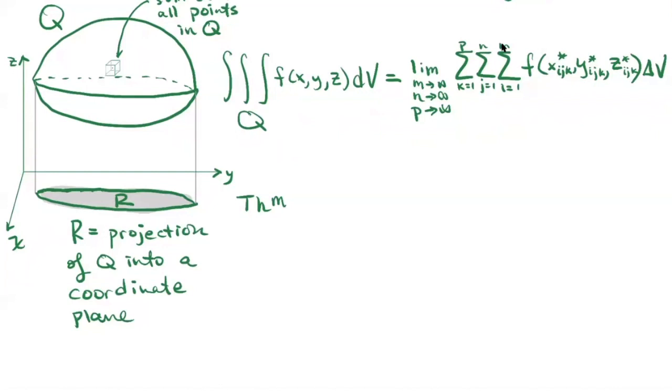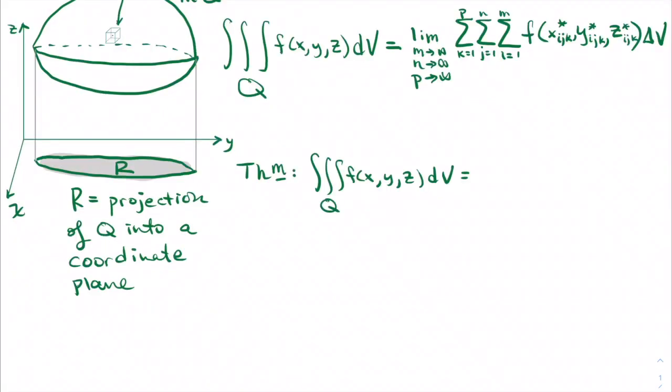Okay, so this theorem is kind of what you'd expect for iterated integrals. The triple integral over Q of f of x, y, z dV is actually just a double integral over this region R of a single integral of our function f of x, y, z.